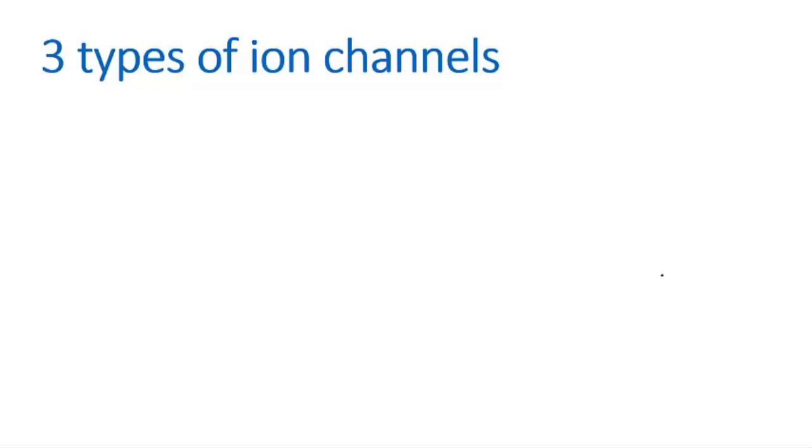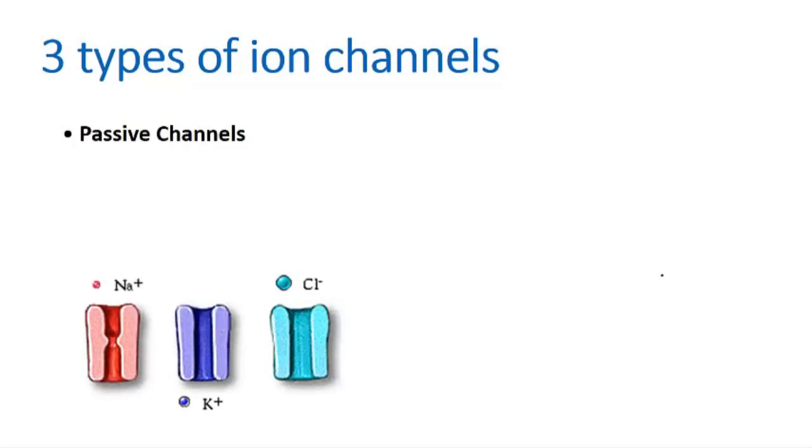We already see three types of ion channels based on their functionality. The first one is the passive channels, which are responsible for the resting membrane potential. They don't contain any gate. It can be a sodium channel, potassium channel, or chloride channel. Second one, chemically gated ion channels. Chemically gated channels are responsible for synaptic potential and the incoming signals to the neuron.